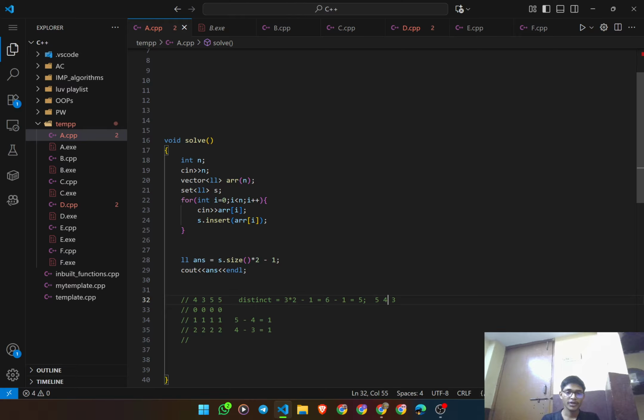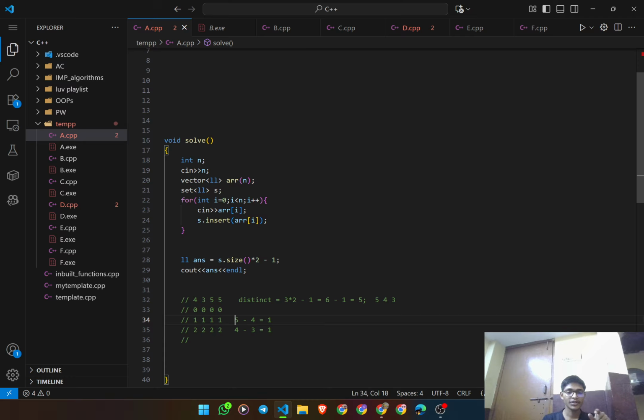You can replace all of them with the distance, like 1. 1 is the distance here, 1 is also the distance here, and 4 minus 3 is also a distance of 1. So let's discuss what the approach is: we will change all of them to 1 1 1, like the distance. The distance between 4 and 5 is 1, so we have changed all of them to 1.